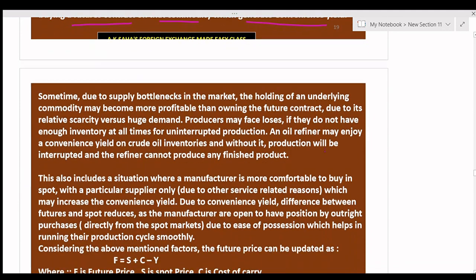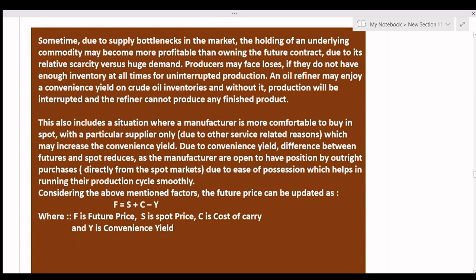Sometimes due to supply bottleneck in the market, the holding of the underlying commodity may become more profitable than owning the future contract due to its relative scarcity versus huge demand.